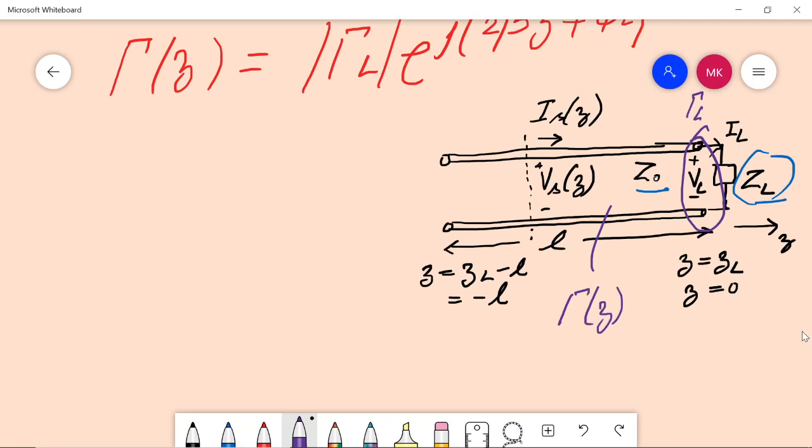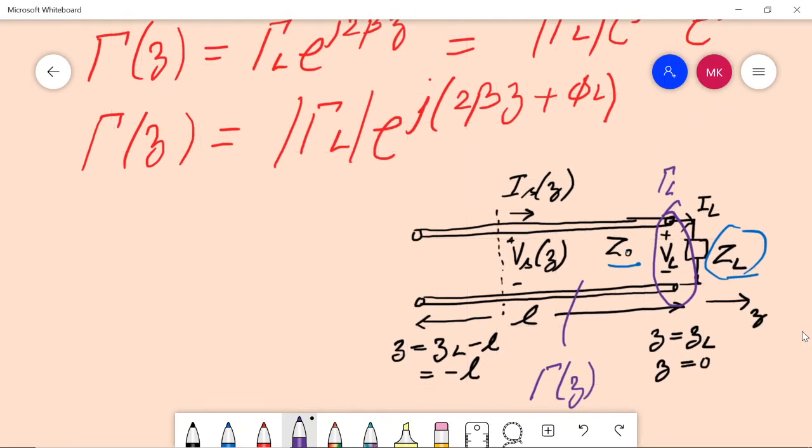So what is the beauty of this? Here for the lossless line, the magnitude of the reflection coefficient at some arbitrary value of Z is also the magnitude of gamma L. So whatever magnitude the reflection coefficient has, the magnitude remains the same over the whole line if it is lossless.